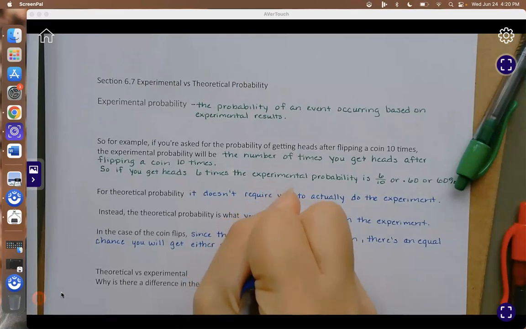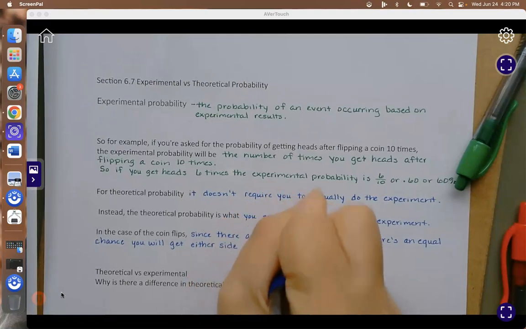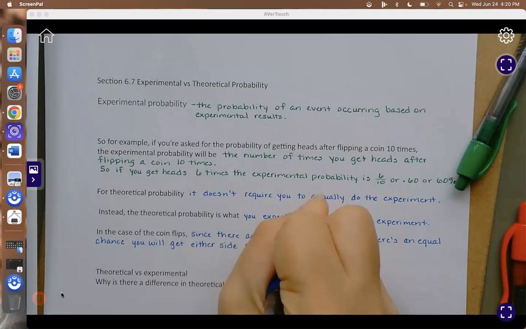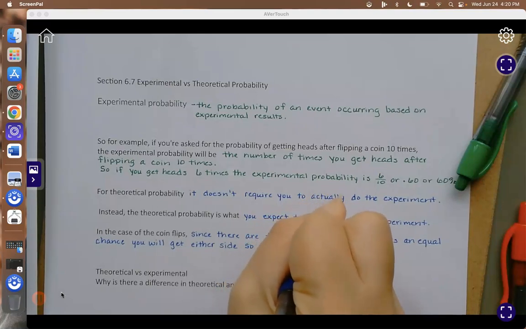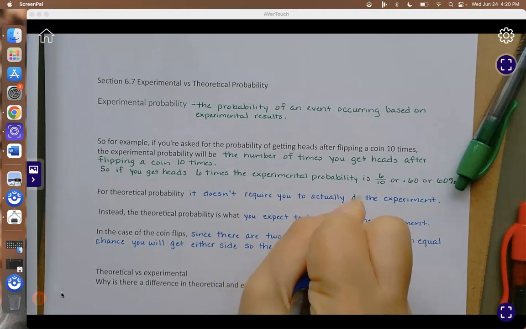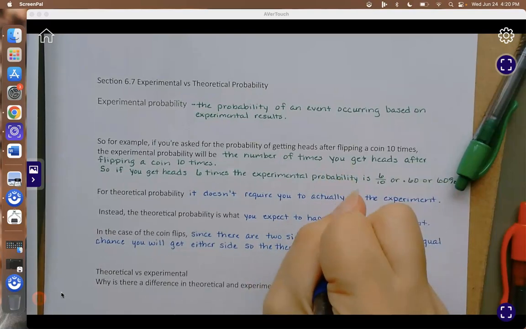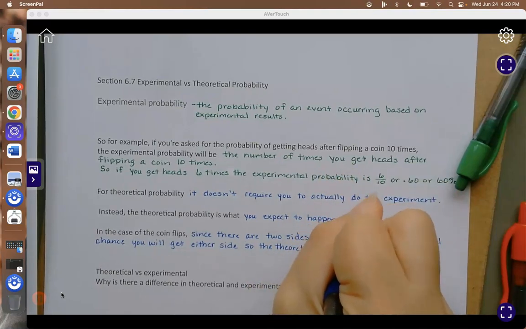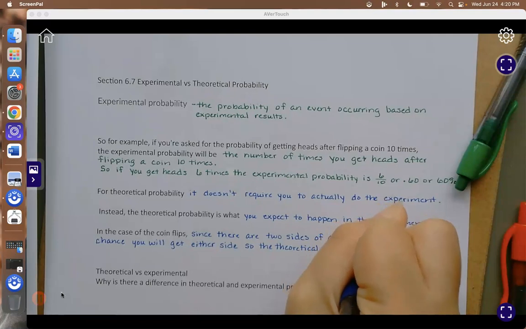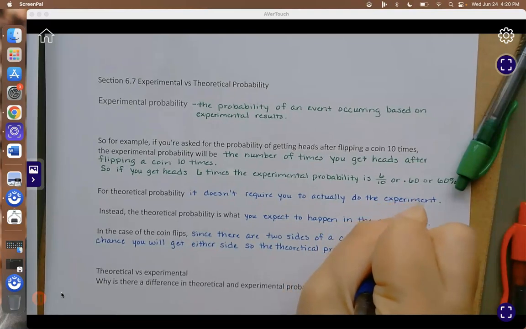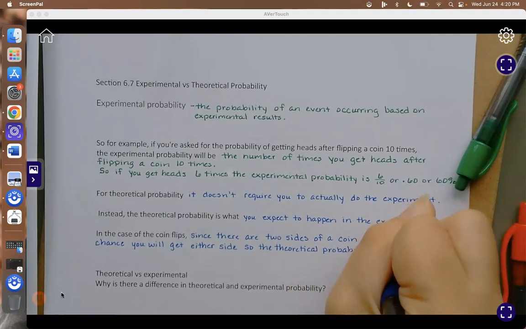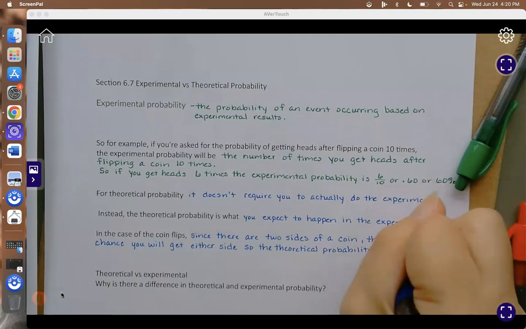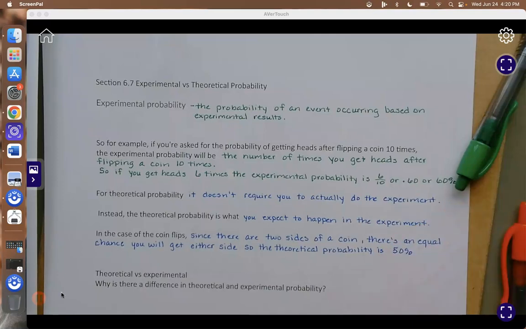So the theoretical probability is 50%. Okay, you got a 50-50 shot.